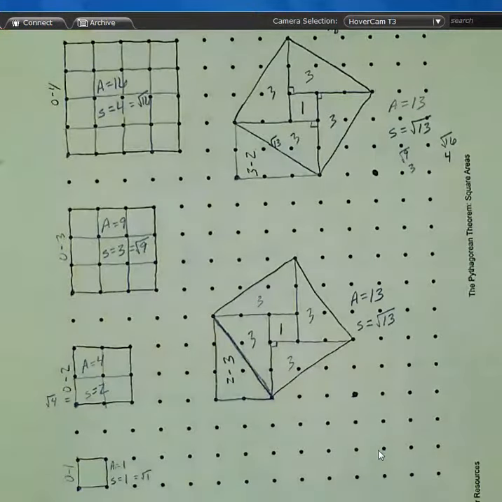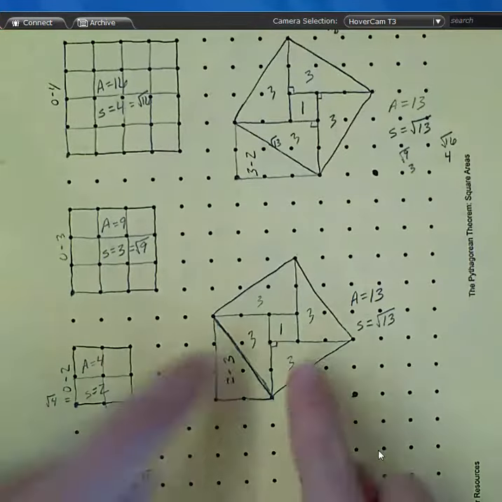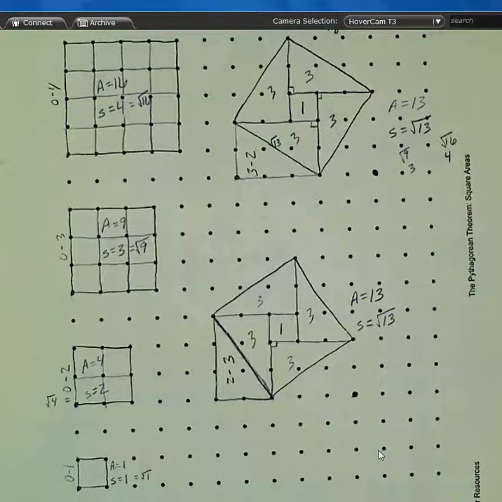The guide wire that goes straight up and down to the ground, they have to cut those before they put them up. Well, if they know how far they're going to put it out and how far the telephone pole is, there's a pattern so they could figure out how long it is. It's a rule we're going to come up with on Monday. So we're going to need this idea, but I want to practice a little more. I'm not convinced that if I know the area, I can figure out the side length.